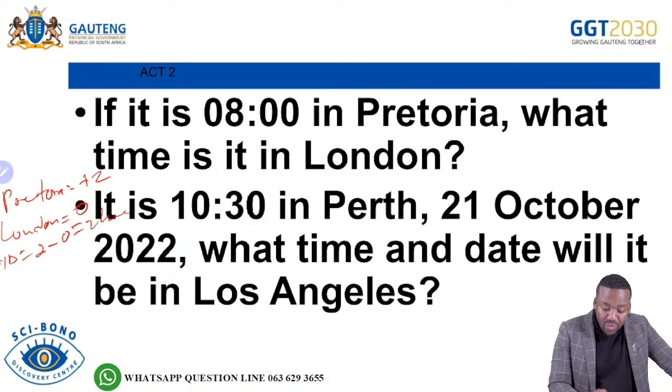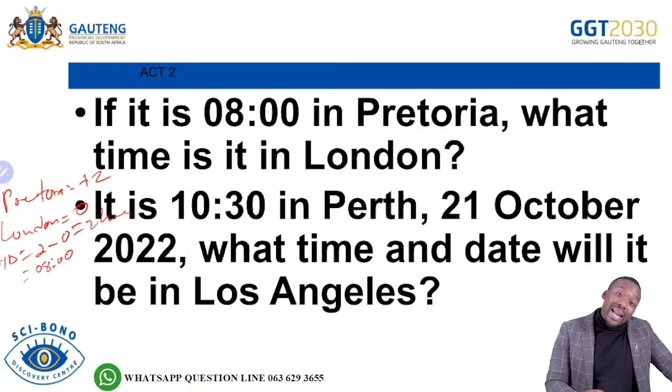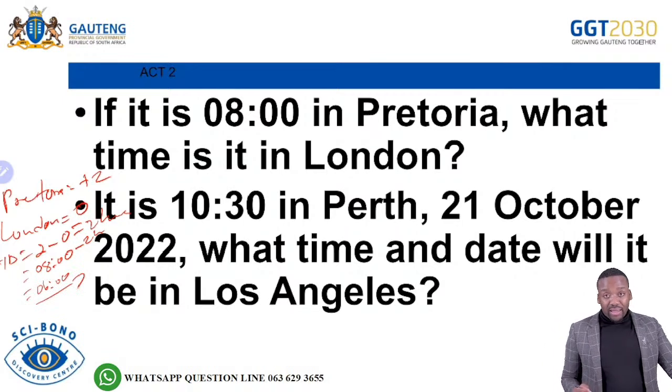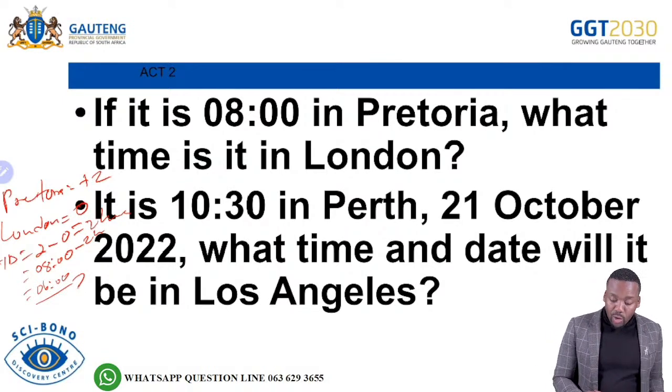We have 2 hours. Then when you answer the question, step 3, you want the time in London. So what is the time that you know in South Africa? It is 8 o'clock. Then where is London? It's on the left of South Africa. Therefore, minus 2 hours. Then what do we have? We've got 6 in the morning. This can be 3 marks, right? Let's check how you get marks.